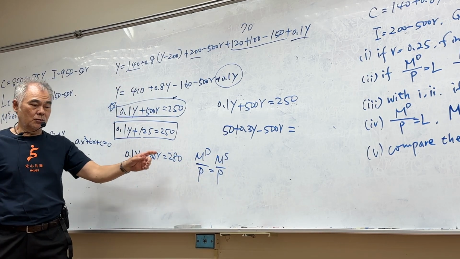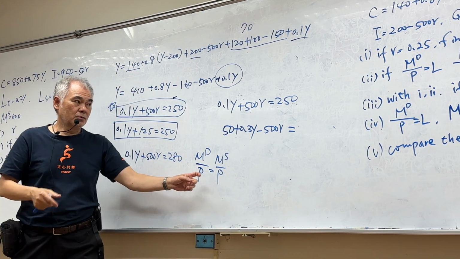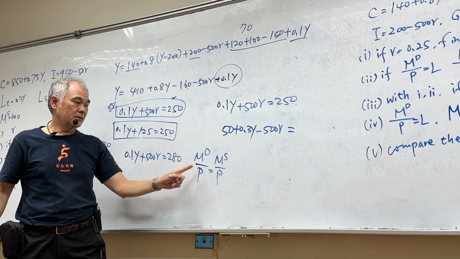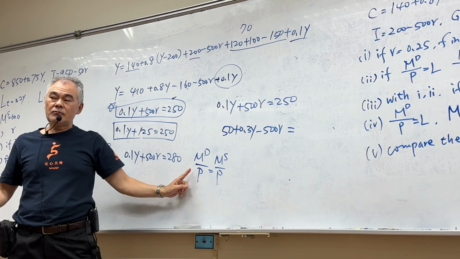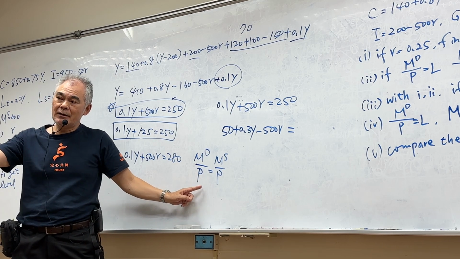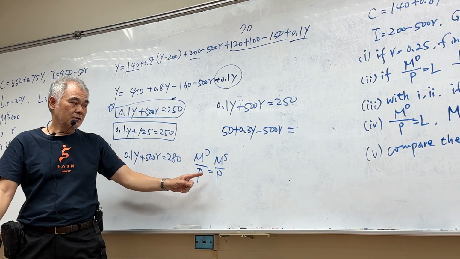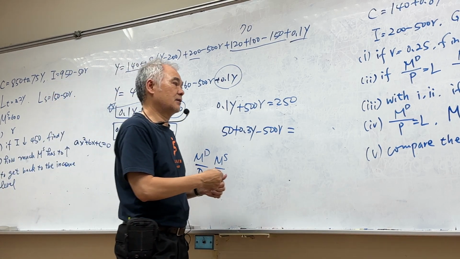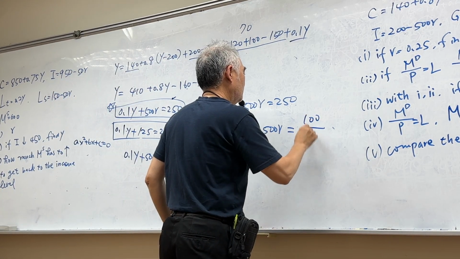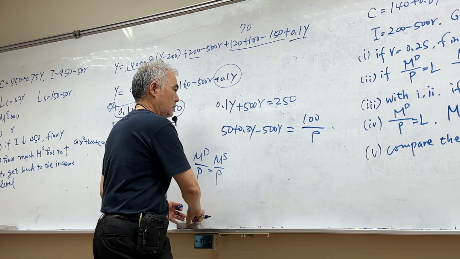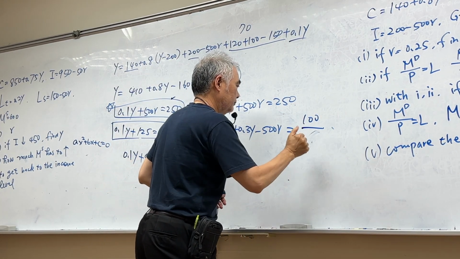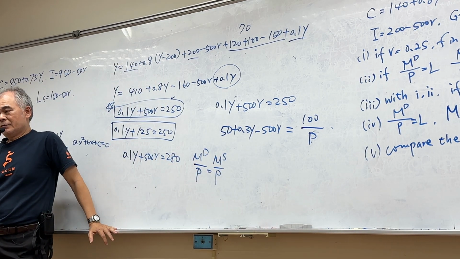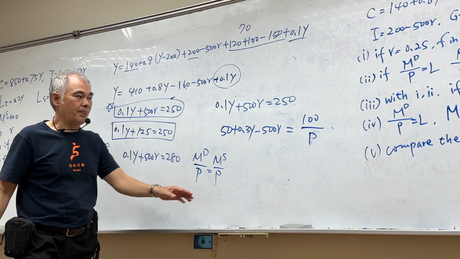On the right hand side, what you need is real money supply. So what is that? It is 100 over P. This is the trick. If you know the trick, everything is fine.